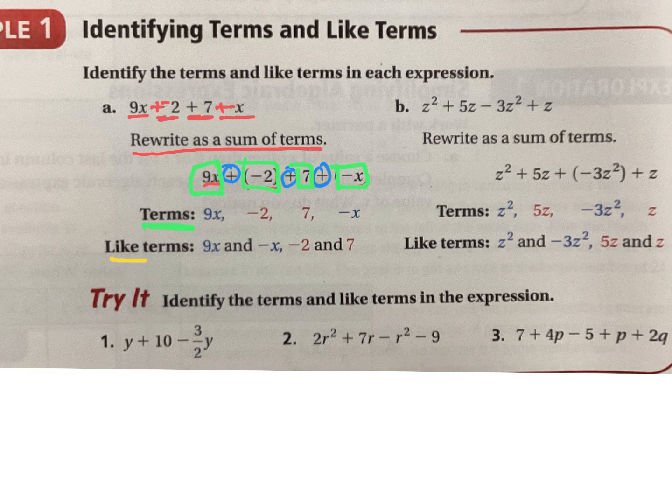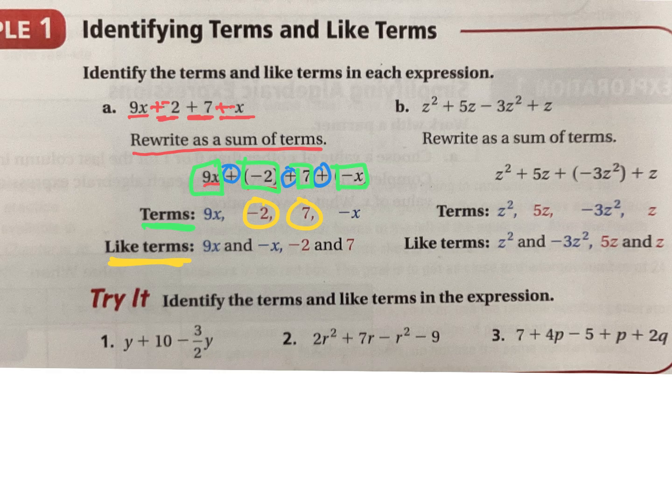Now let's put together the like terms, the ones that are alike. They have to be either a constant, which means they don't have any variable. It's just the number. It can be positive, negative, or any rational number. It's just a number. It's never going to change. It's constant. So in this one, we have negative 2 and 7. Those are my constants, and they're alike.